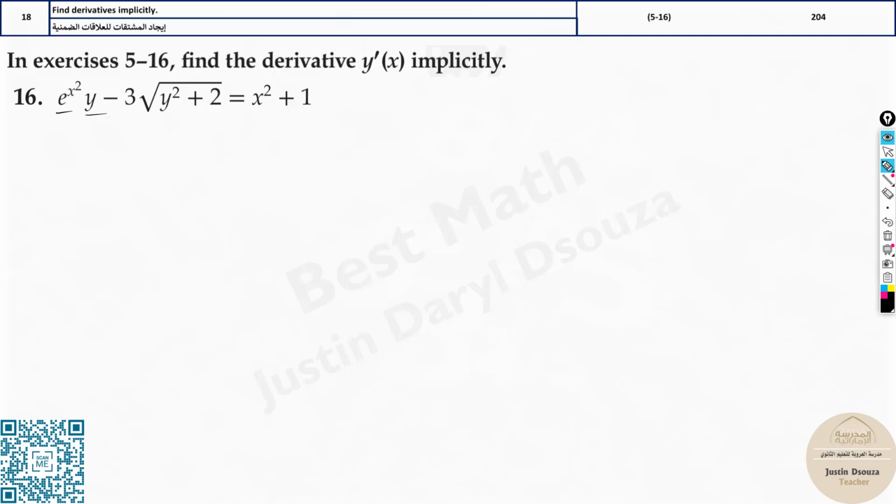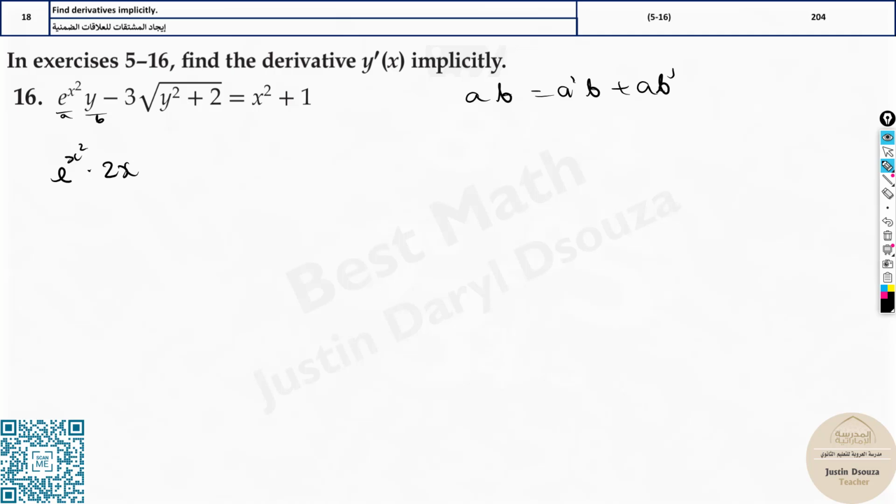Here we have to use the product rule. A is the first term, B is the second, so that will be a prime b plus a b prime. Now what happens here is e to the power x squared, as it is, multiplied by 2x. Why? Because when we differentiate the first term, e to the power x is e to the power x itself, but we have e to the power x squared as it is. Then we apply the chain rule, whatever is in the power.